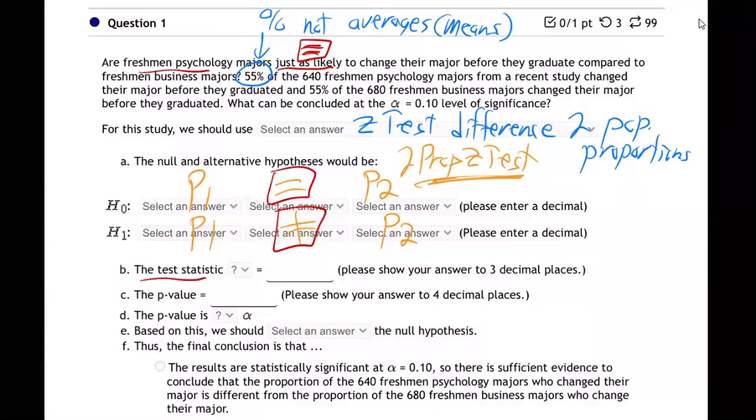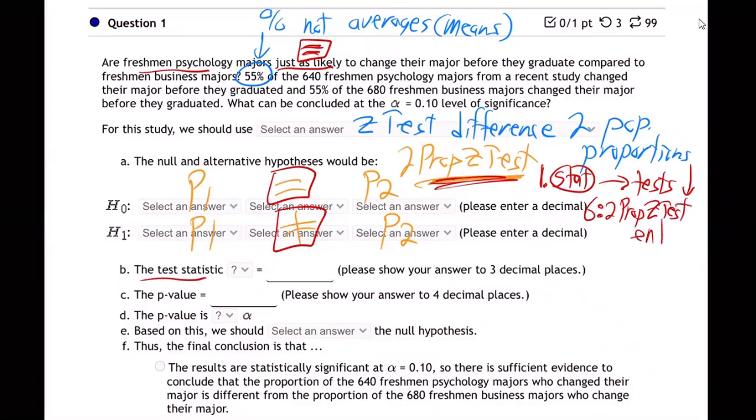The test statistic. So now we're going to go to our calculator and do the 2 prop Z test. I'm going to go to STAT, go over to TESTS, go down to 2-PropZTest, which for me is number 6, and hit enter.